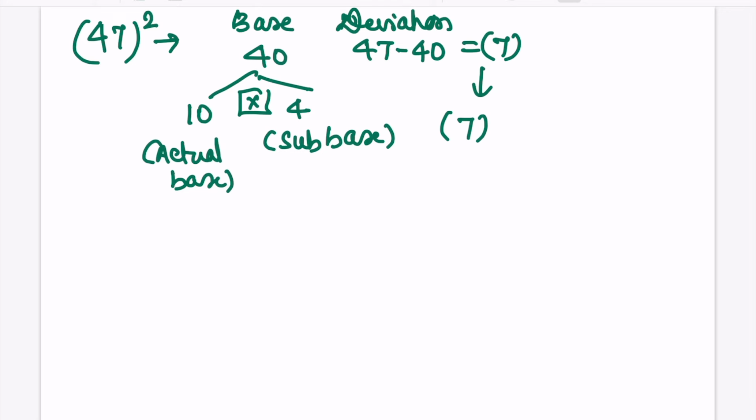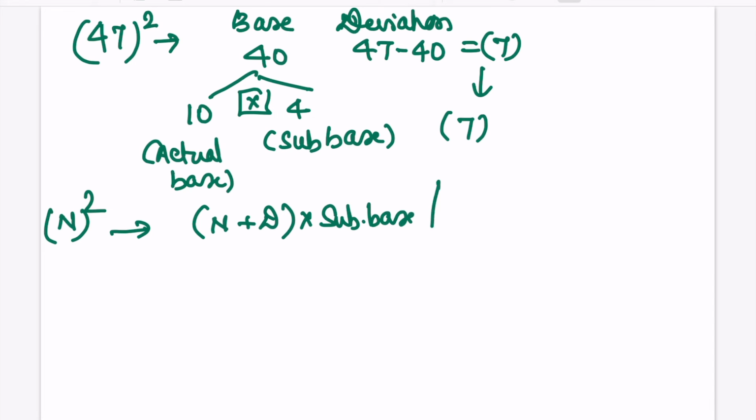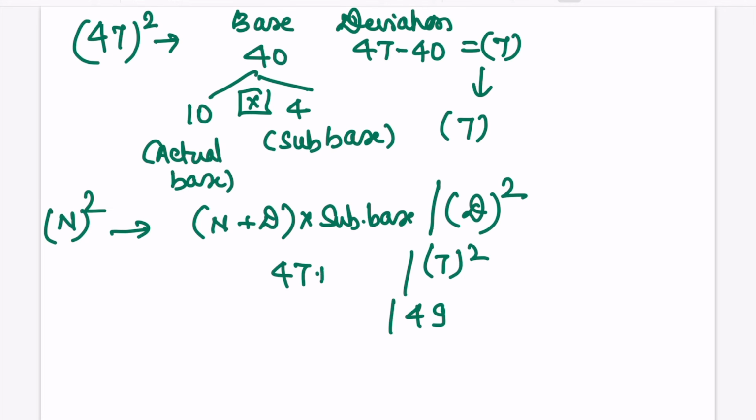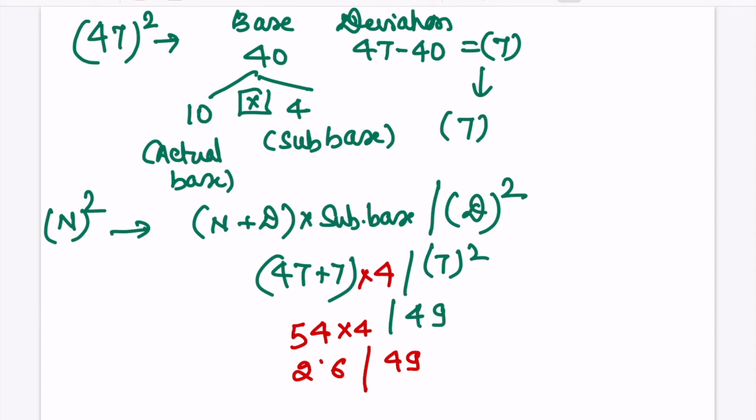Now we have to write the number square. The formula, this is number plus deviation into the sub base and your deviation square. This is 7 square, which is equal to 49. Number was 47 plus the deviation 7 into the sub base, which is equal to 4. 54 into 4, which will give me 216.